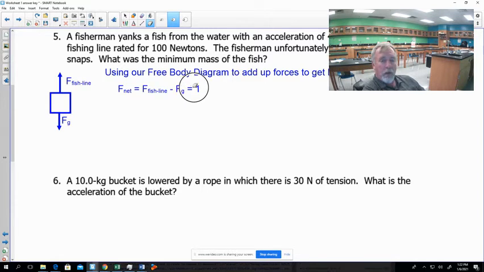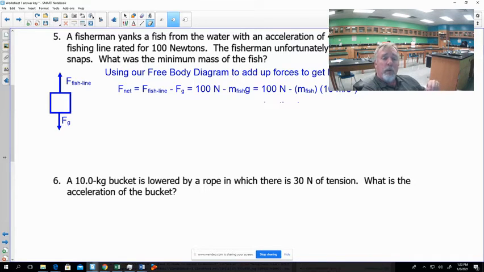So the net force on our system is 100 newtons from our fishing line minus the mass of our fish times gravity, or in other words, 100 newtons minus the mass of the fish times 10 meters per second squared. Right? So now we know what our net force is.